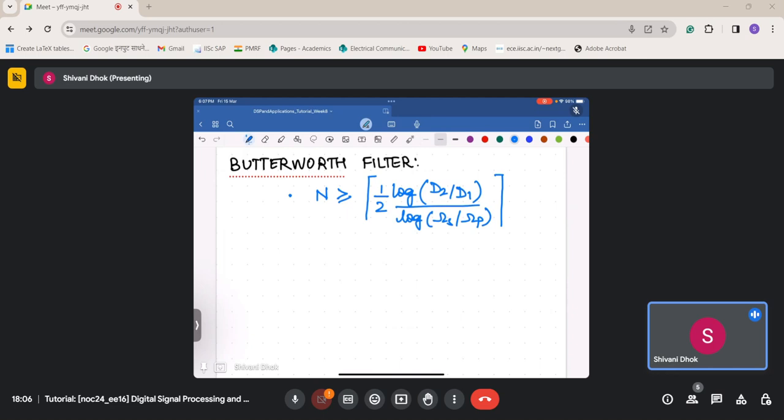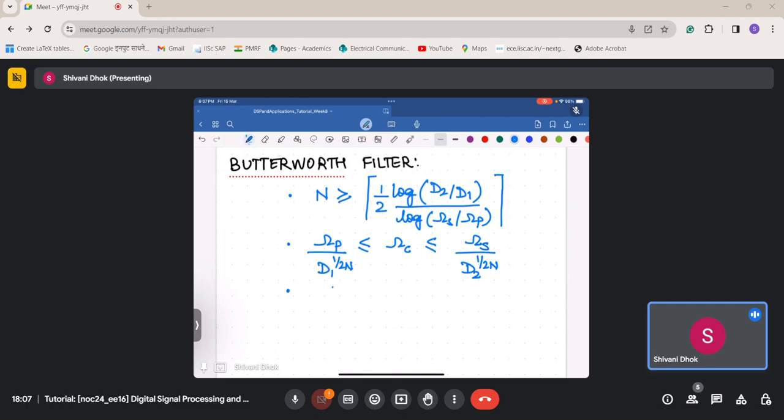This is the first thing. Then this omega c, that is the cutoff frequency, lies between omega s upon d2 to the power 1 by 2n and greater than or equal to omega p upon d1 to the power 1 by 2n.